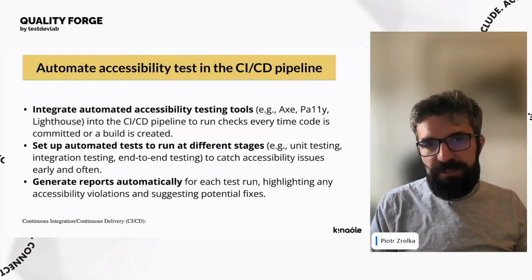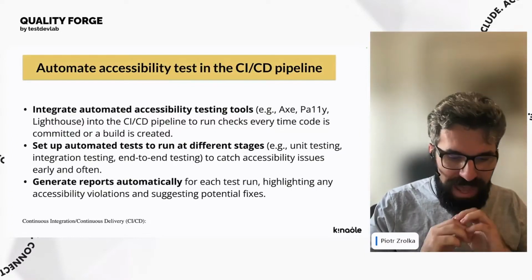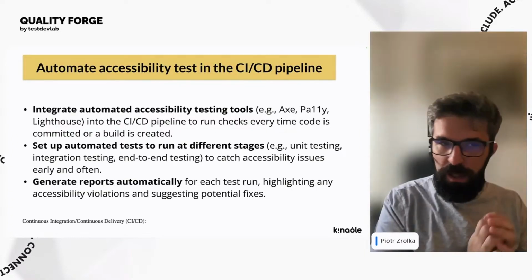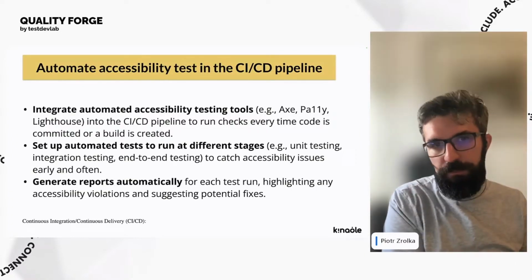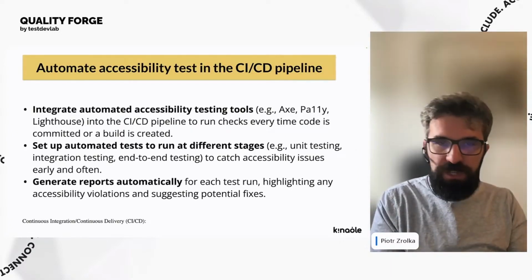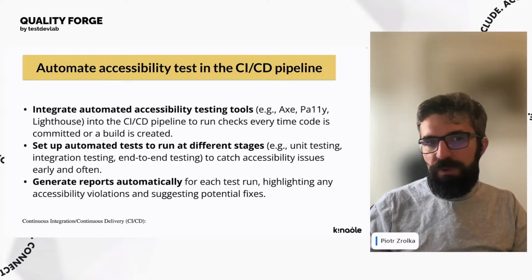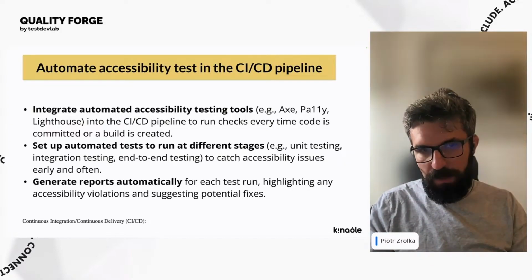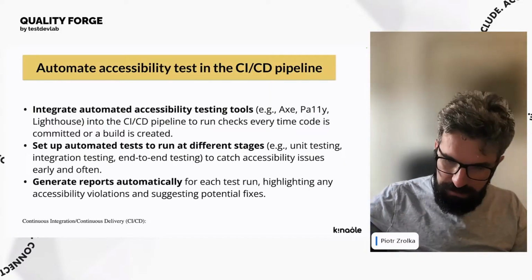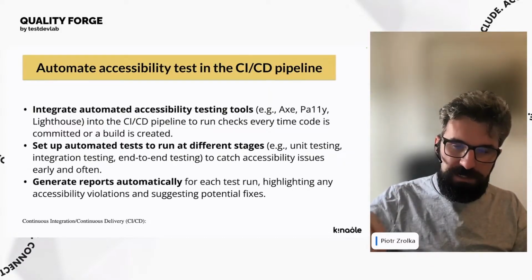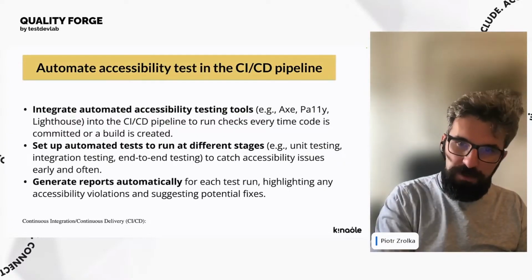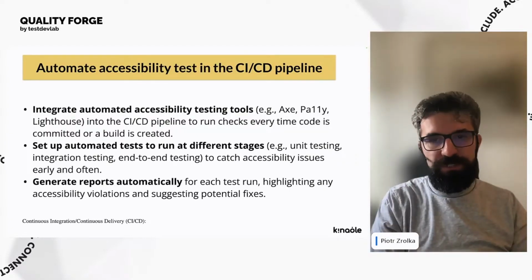First of all, introduce some tools. There is a bunch of open source tools to handle web and mobile, to ensure that we already have confirmation that we are on the right track. Also, we need to set up some automation testing at the different stages. For example, if you have unit tests, if your organization uses them, why not?